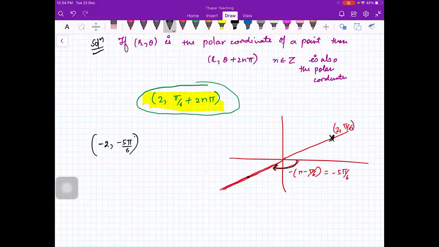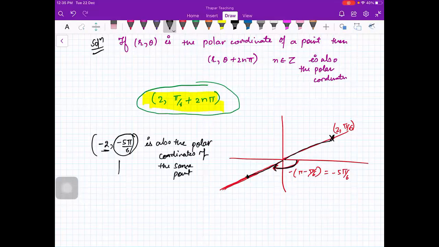Right? So you are going to minus 5 pi by 6, and then instead of going in the forward direction, because you have -2, you will go in the negative direction, which is here. So -2 comma minus 5 pi by 6 is also the polar coordinates of the same point.